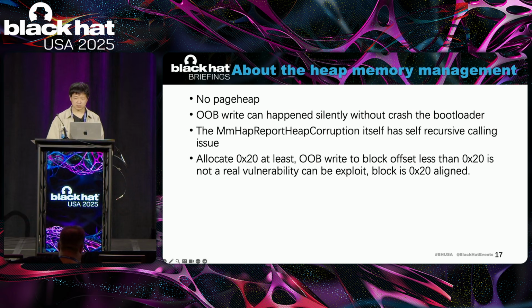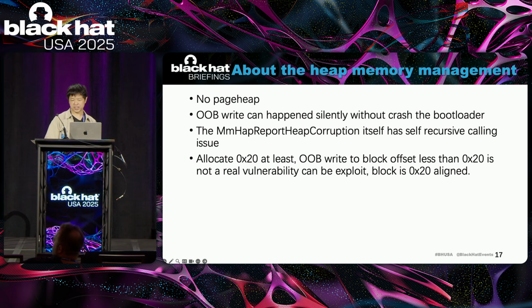Before we dive into the attack surface, there's one key piece of knowledge we should remember before we explore future work on bootloader: the heap management in bootloader. There's no page heap in bootloader compared to that in Windows userland. That means it will not crash as soon as the OOB access happens.